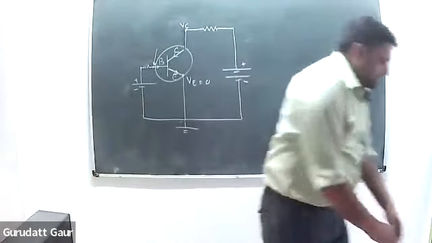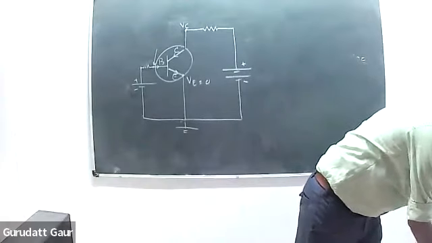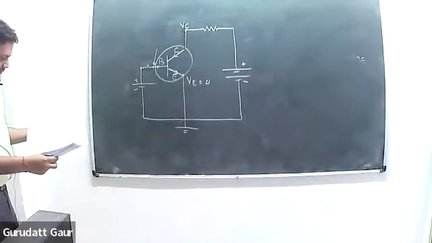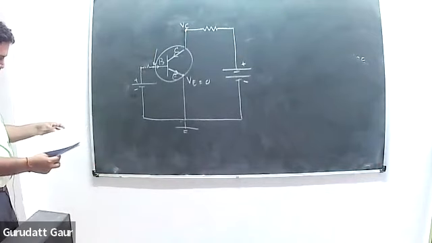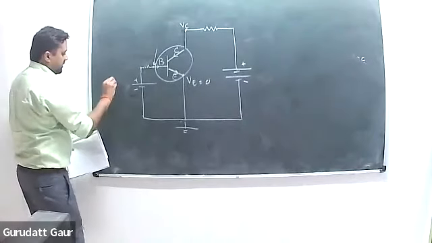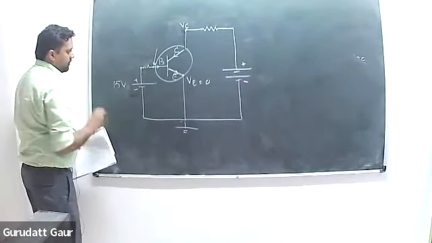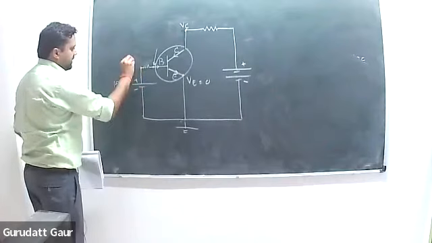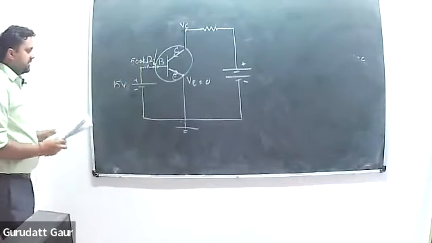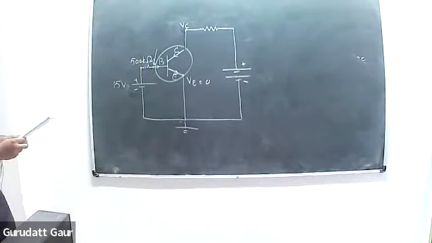So I have done that exercise with an example. Let me take that example only. Yes. So this is 15 volt, let's say. This resistance is 500 kilo, because that will also give you idea what are the resistance and the voltage and currents.